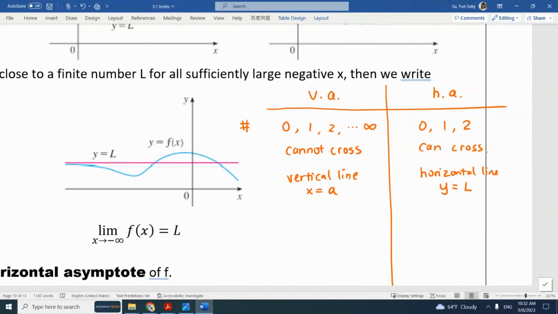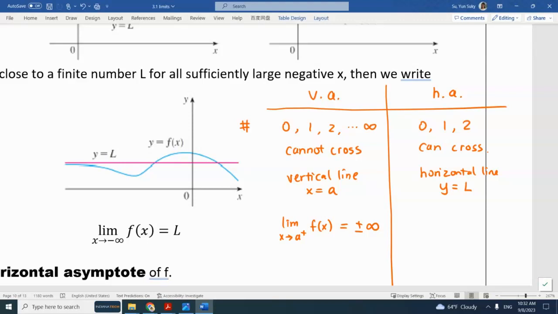And when we check the limits, for a vertical asymptote, we let x go to a from the right, and we see whether we get positive infinity or minus infinity. If yes, then we get a vertical asymptote.